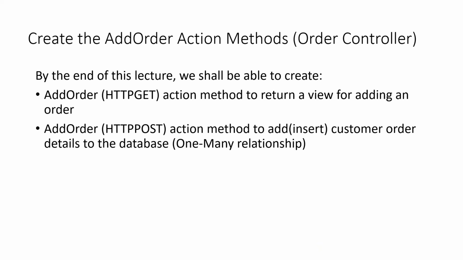I'm saying customer order details because every order has a customer ID. So an order is attached to a particular customer only, and cannot live in isolation without a customer. So there is a one-to-many relationship: one customer can have one-to-many orders, and one order belongs to only one customer. So let's flip over to Visual Studio now.